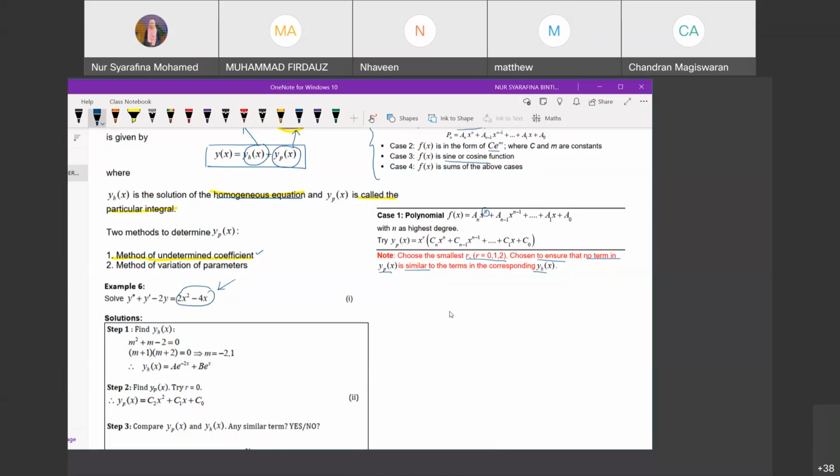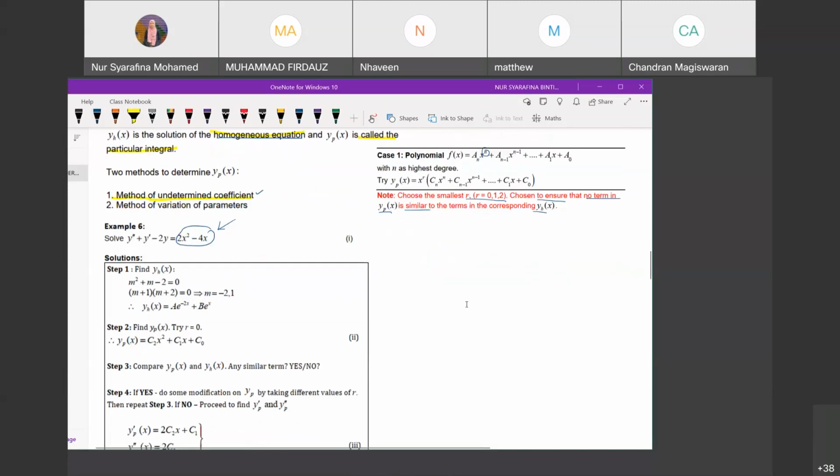So how can we find the solution? First you need to find yh, where yh comes from the solution of the left-hand side. So you just consider the left-hand side and assume it is equal to 0. It is quite similar with the previous one that we have done, solving the homogeneous part.